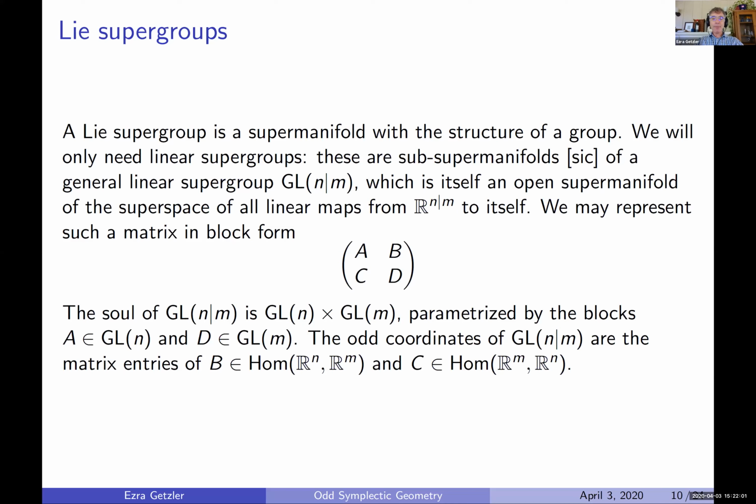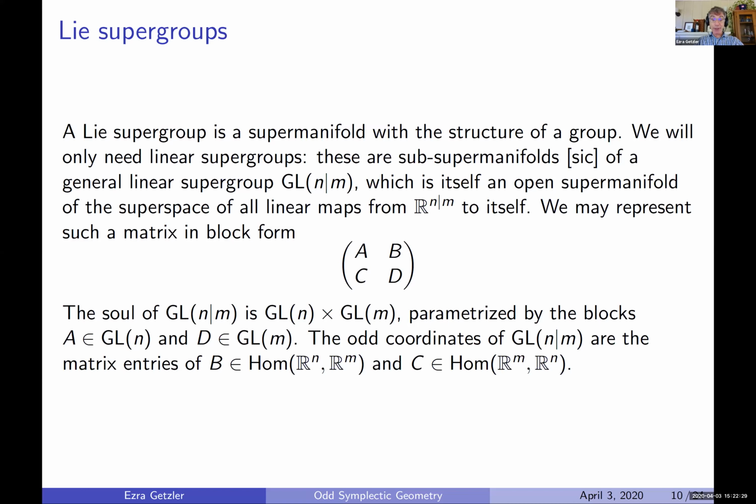So before I tell you about odd symplectic geometry, I just want to give you a crash course in Lie supergroups because I think you will appreciate, when you want to study superbundles, the most effective way to do that is via the principal bundle. If you want to study vector bundles, the most effective way to do it is to study the principal bundle that it's associated to.